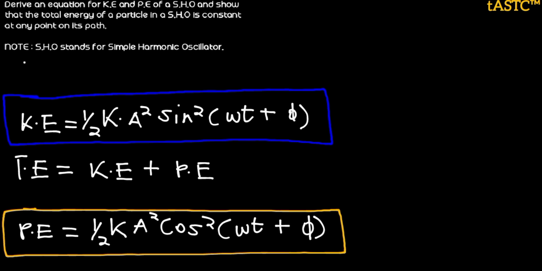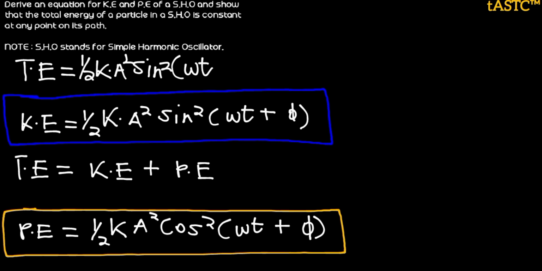So first, we need to have this added to this. So I'm basically just going to write it there. So that will be 1 over 2 k multiplied by a squared. This will be sine squared omega t plus phi.